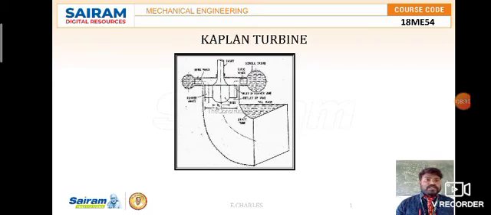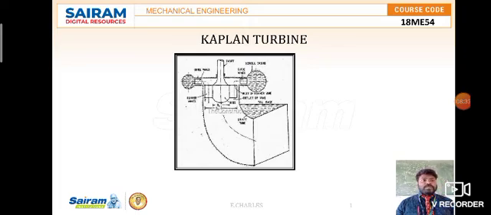We have already seen this one. Now this is the internal portion of the Kaplan turbine. You can see clearly there is a shaft, and below the shaft there is a hub, also called the boss, and it has two different diameters: one is the internal diameter, the next is the external diameter.